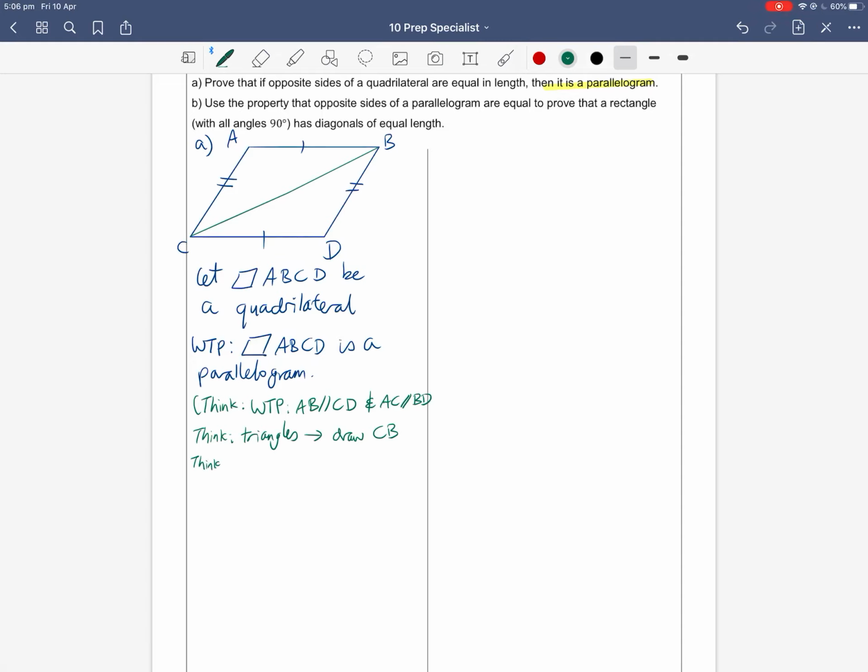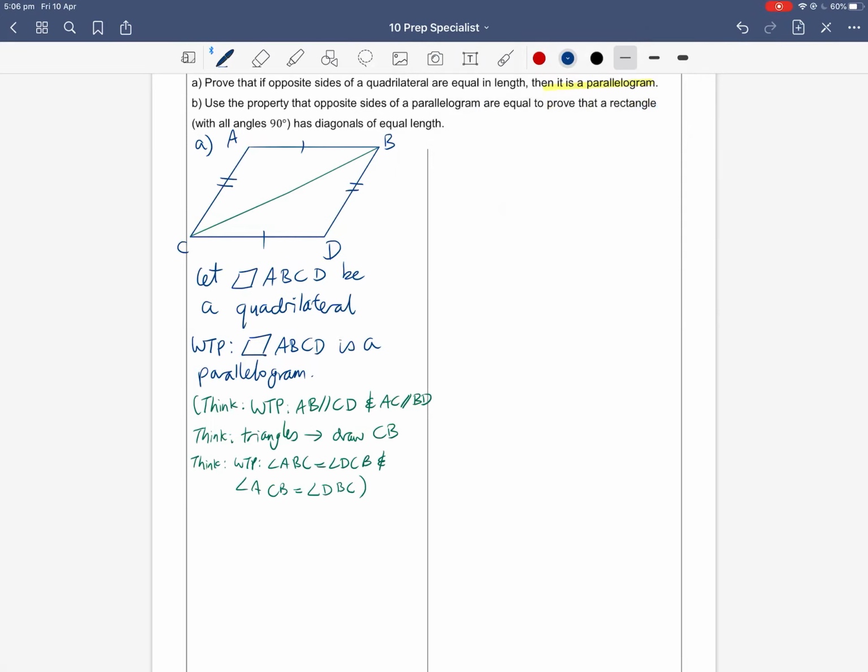So again, now that we've got triangles, we want to prove that angle ABC is the same as DCB, and angle ACB is the same as DBC. Then we can apply the reverse alternate angle rule.